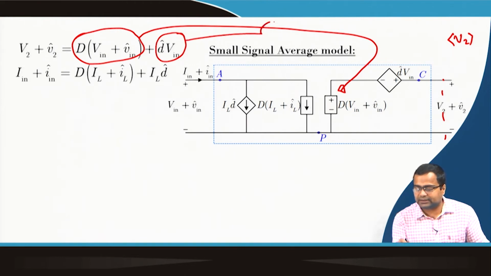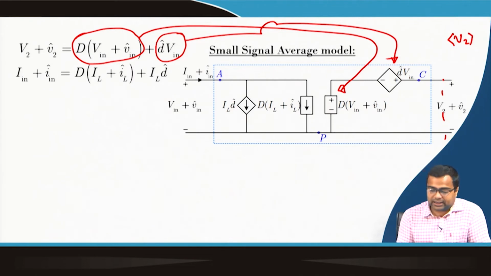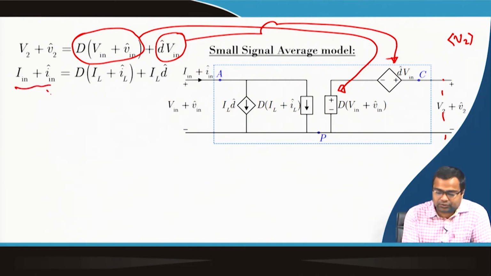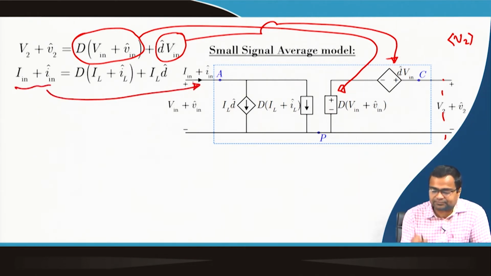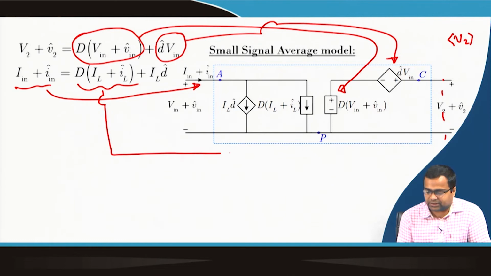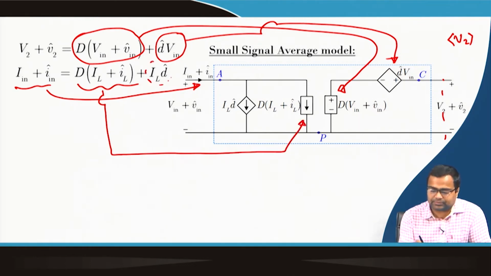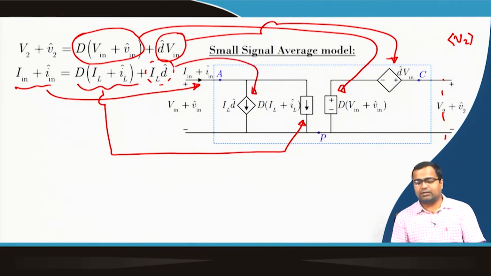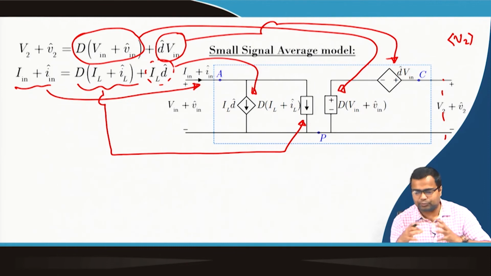So, we are getting this one, and the input current, which is this current, right. This is the sum of this current, which is nothing but this current, and this current, which is nothing but this current. Okay. So, they are all positive signs. So, they are in parallel current path, right.